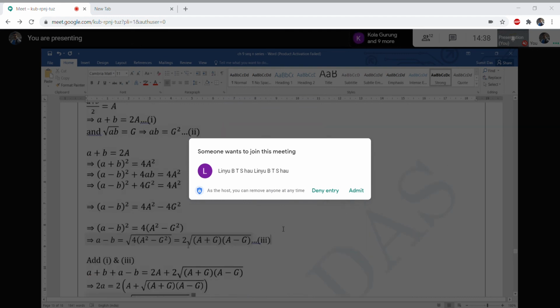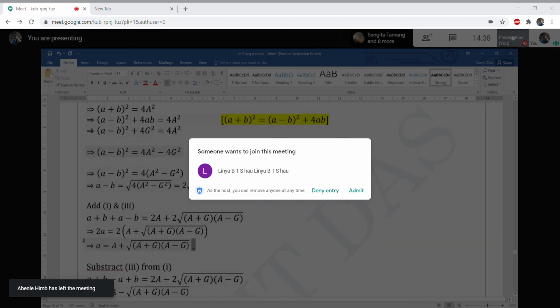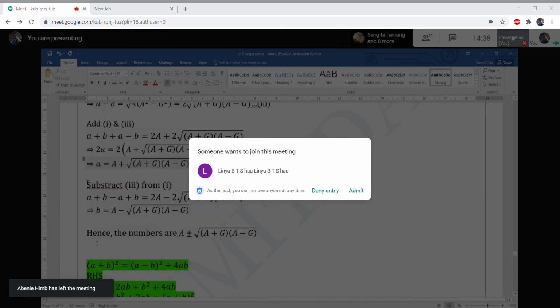If I subtract 3 from 1, that means a plus b minus a minus b. Okay, so let's write here in bracket. So it will be a cancel, only b will remain.